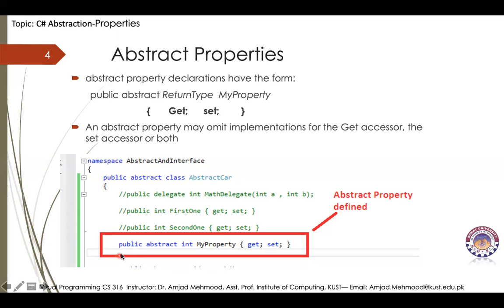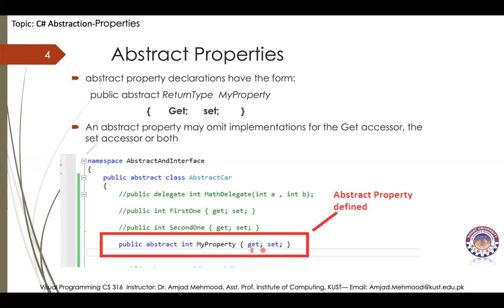Here you can see public abstract, the return type is integer, this is the name of your property, and this is get and set. As you know, whenever you define a public property, the structure is that you will get something, you will set, and then you will get something.